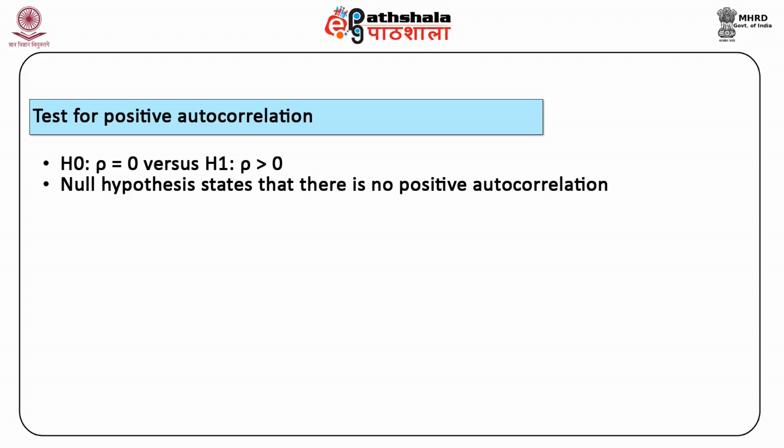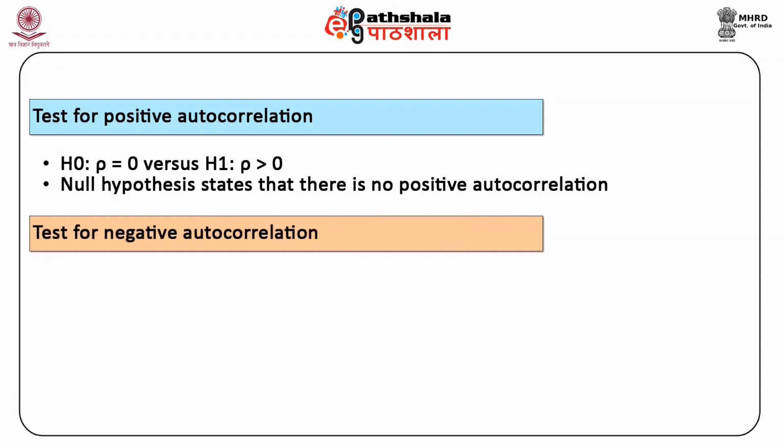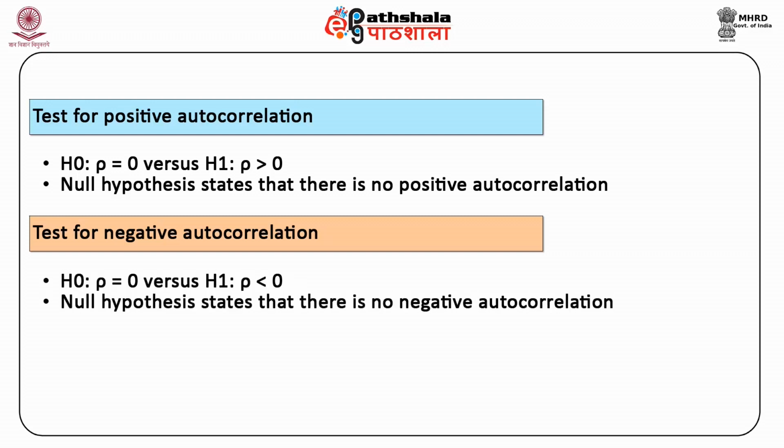The second hypothesis could be a test for negative autocorrelation. Now we can represent null hypothesis H0 as rho equal to 0 versus alternative hypothesis H1 as rho less than 0. So the null hypothesis states that there is no negative autocorrelation.